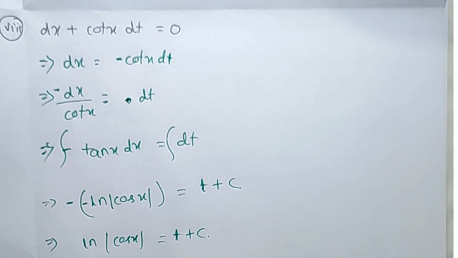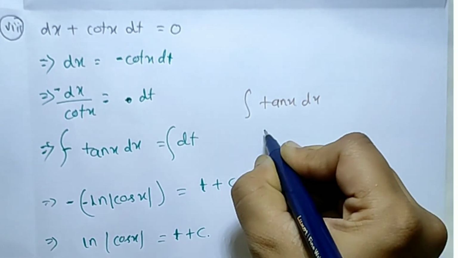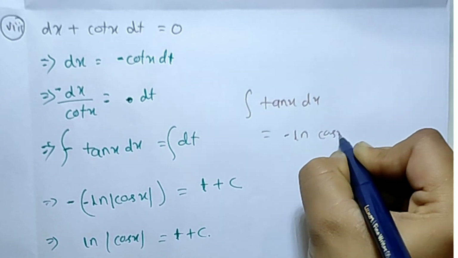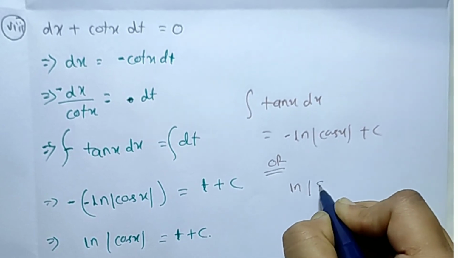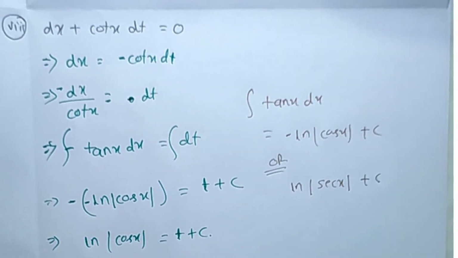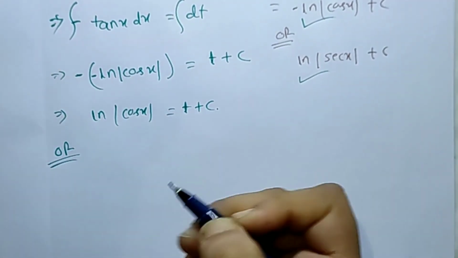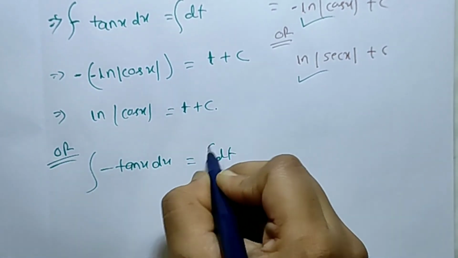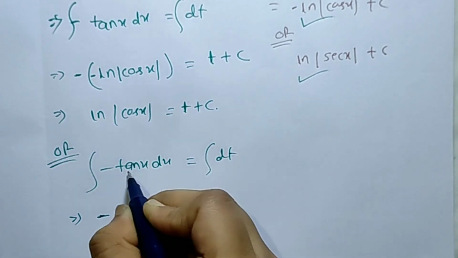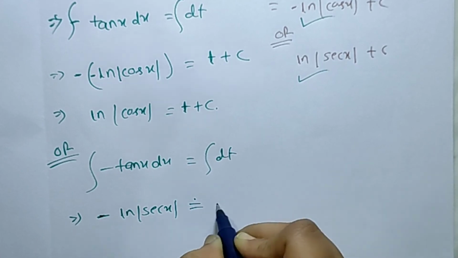Because we know the integration of tan x dx is minus ln cos x plus c, or ln sec x plus c, we can apply this. Minus tan x dx integration into dt integration will be minus of the integration of tan x, which is ln sec x, is equal to t plus c.